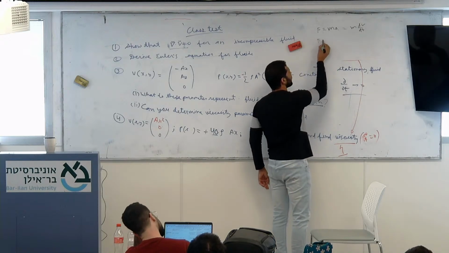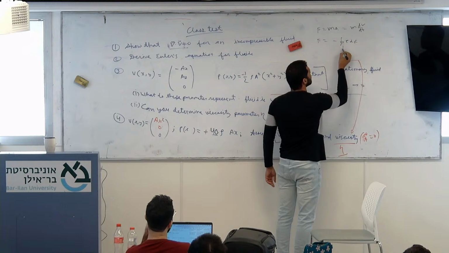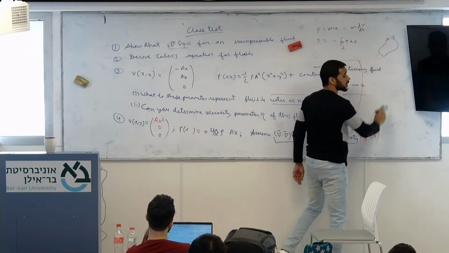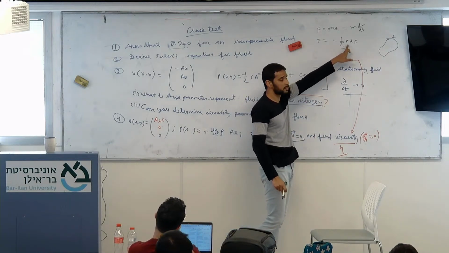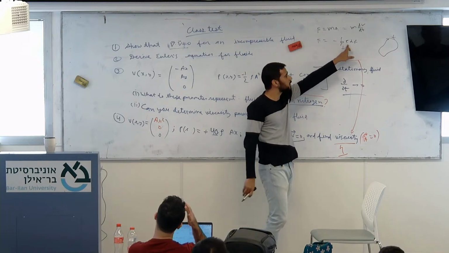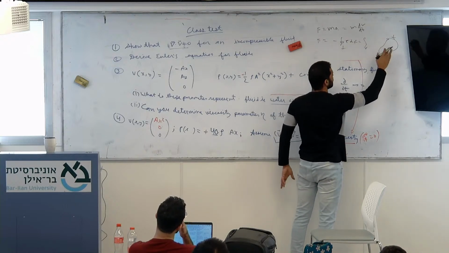For fluids, the force is minus the surface integral of pressure over the bounding surface. You convert this into a volume integral.